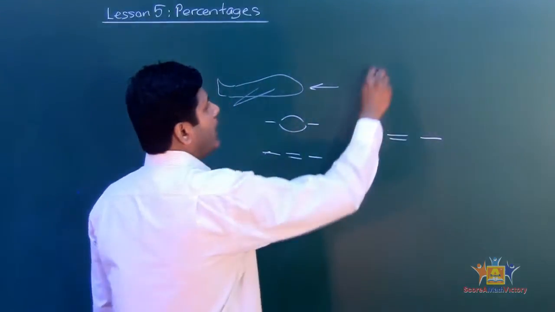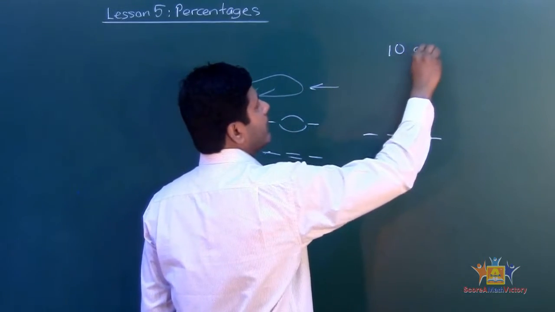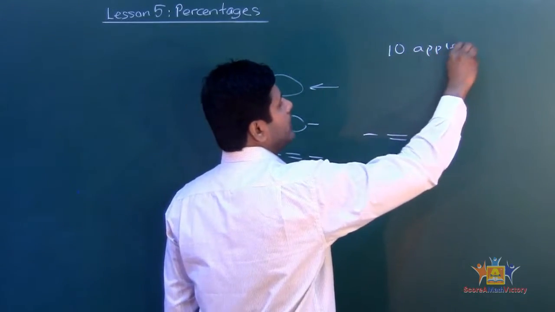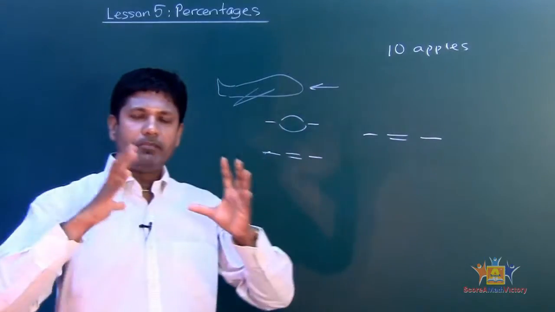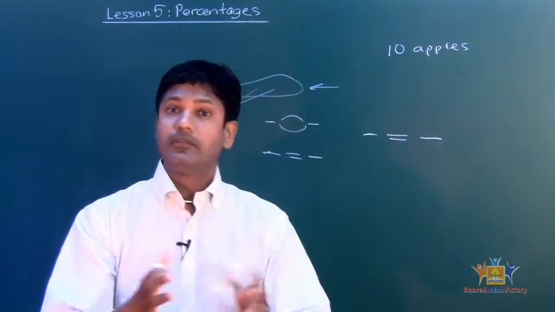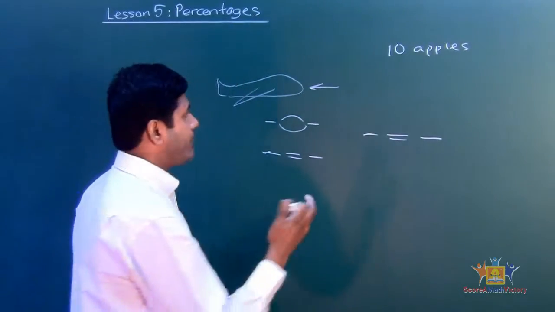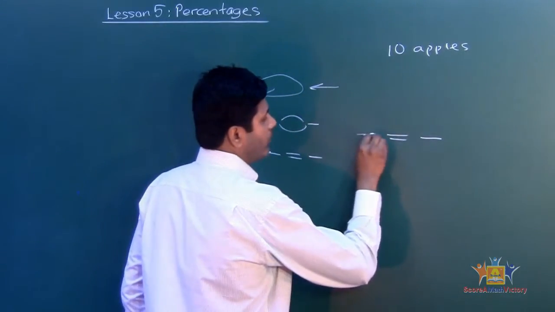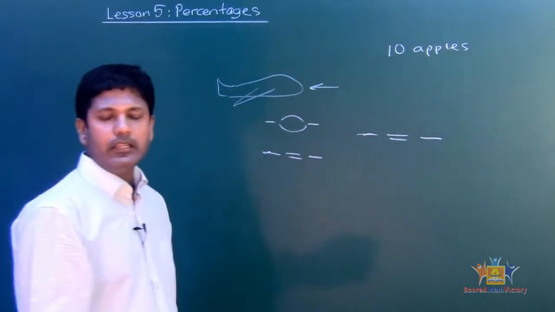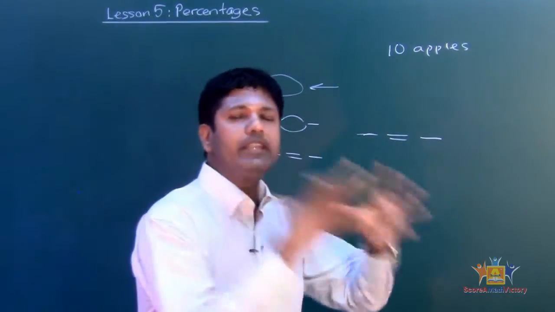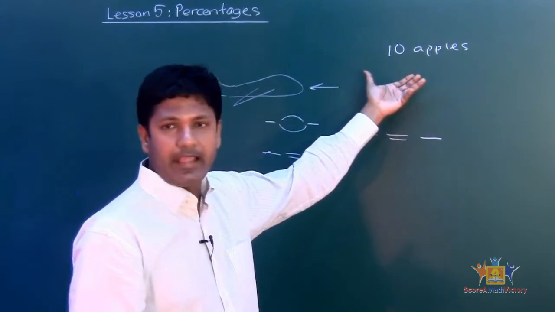Okay, so now let's talk about the scenario I gave you. I told you I have 10 apples in my hand. Now those 10 apples represent how many percent? The whole 100%. So the 10 apples represent 100%. Now the unknown is the one I want to find, 20%, which is rotten out of the 10 apples.